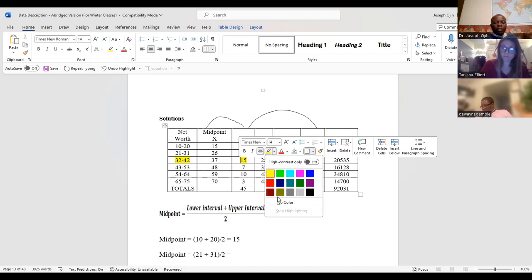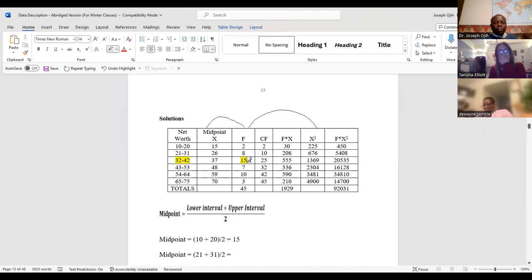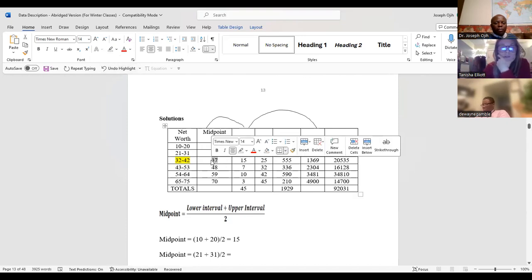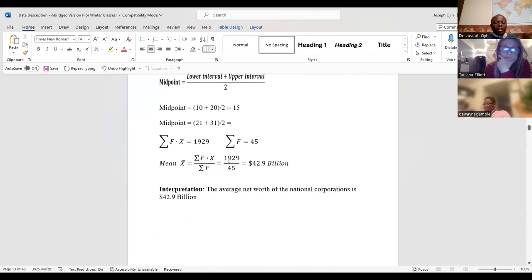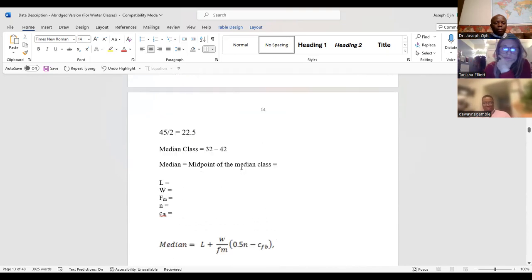The midpoint of the median class is 37. So I'm gonna put 37. That means our median is 37 billion.